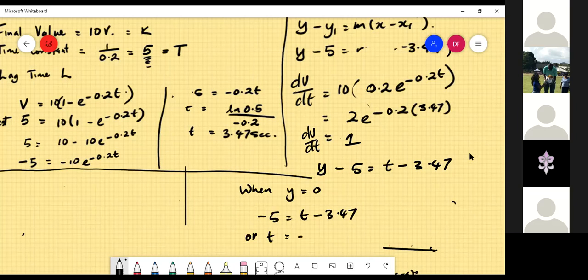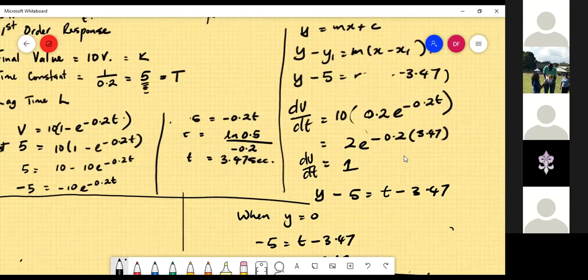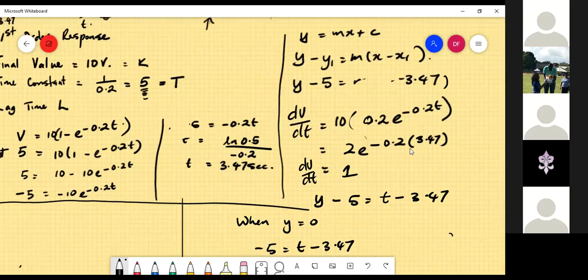So when y equals 0, minus 5 is equal to t minus 3.47, or t is equal to minus 5 plus 3.47. Again, problems. Let me see what the issue is. x minus 3.47, then 0.2 times 3.47.